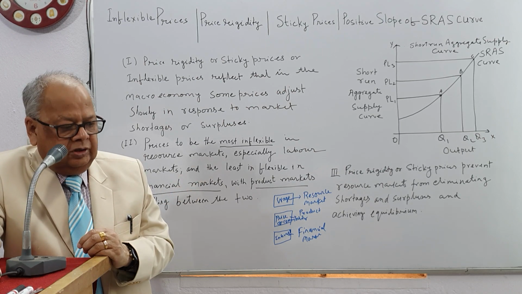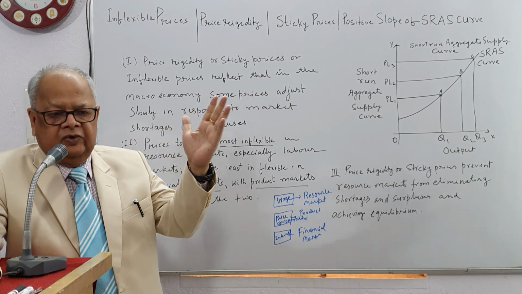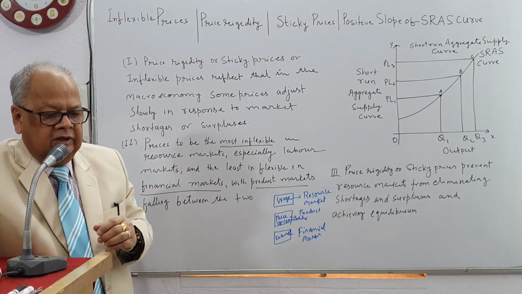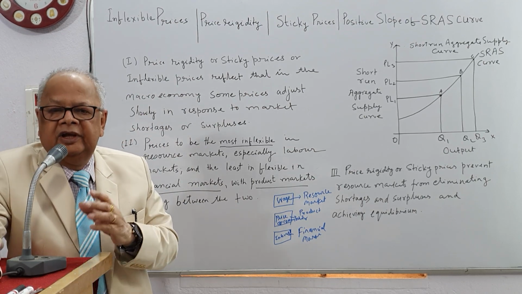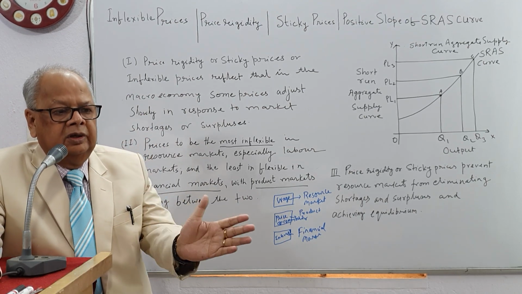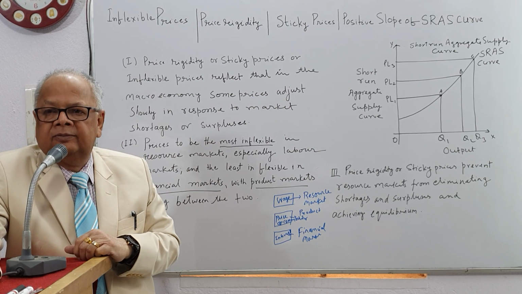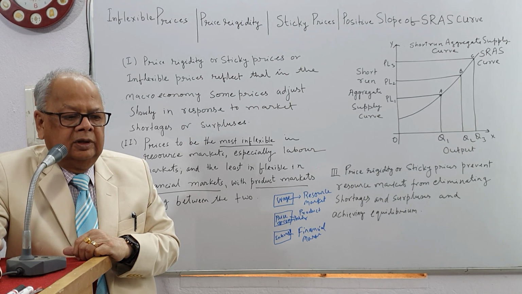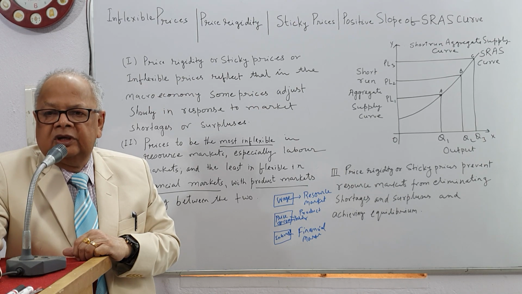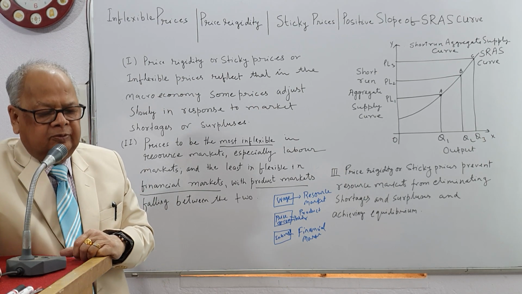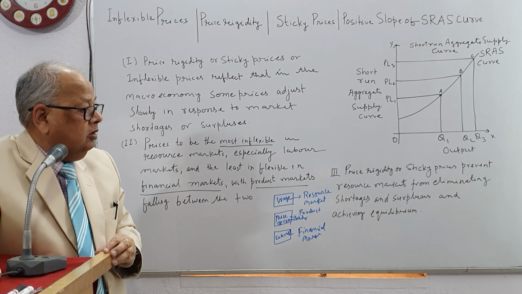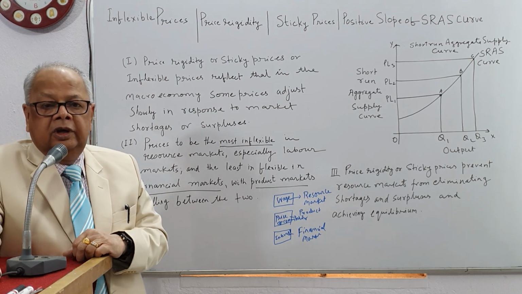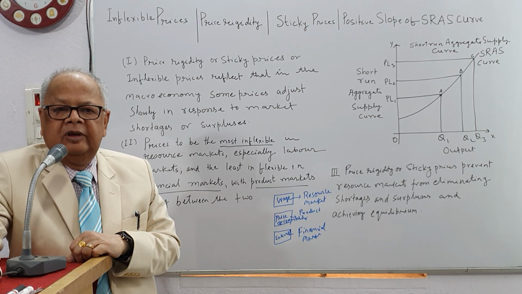Classical economists, right from Say's law of market, thought that if there is a shift from the equilibrium, then in the long run there will be automatic correction of shortages or surpluses, and the economy will return to equilibrium at the full employment level of production.